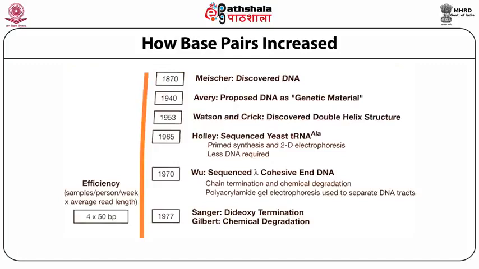Therefore, after its invention in 1977, the Sanger dideoxy chain termination method was very popular, and due to this importance and popularity of Sanger's method, Sanger was awarded the Nobel Prize in 1980. So Sanger is the only biologist who got 2 Nobel Prizes, one for protein sequencing and the other for the DNA sequencing method.